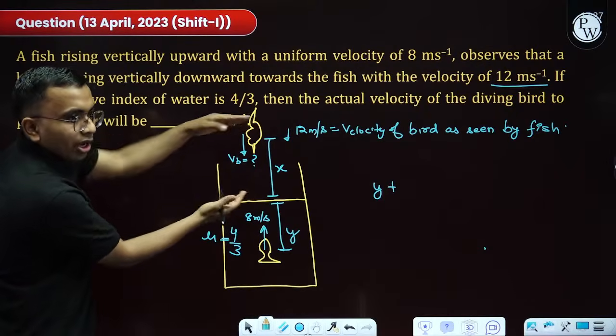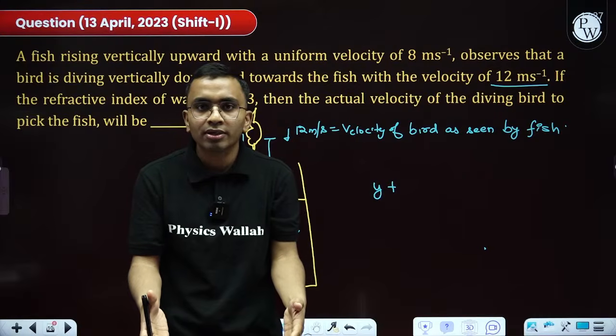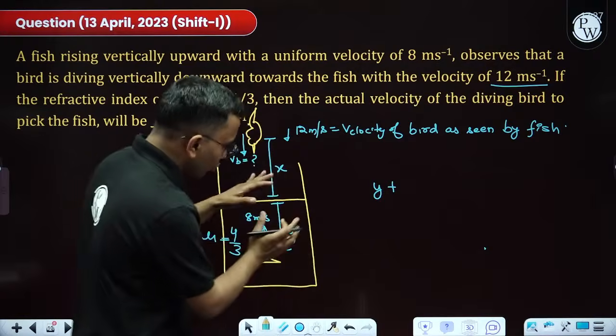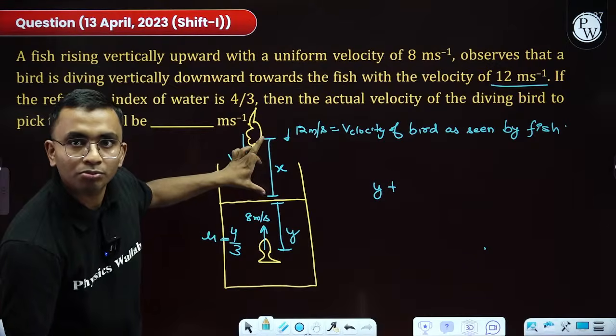If you are in air and see something in the water, the apparent depth is actual depth divided by mu. But now you are in water and you see something in air, so this distance will appear as mu times x.